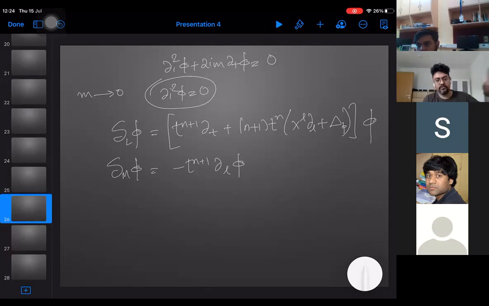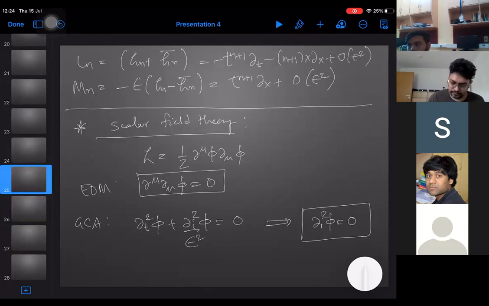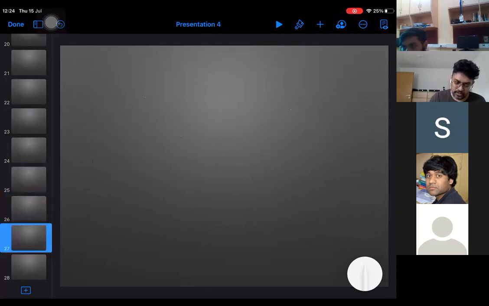So similar to the conformal case, you also have a representation theory here, doing the same highest weight representation. You get the action on the fields of these generators. So in the end, if you have this equation, what you do basically is you have the L, delta L, acting on del_i square phi.